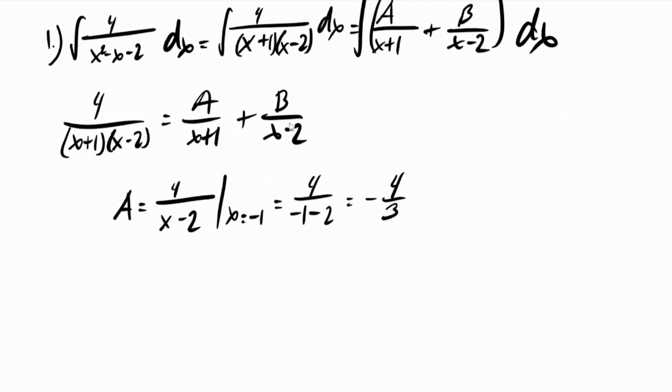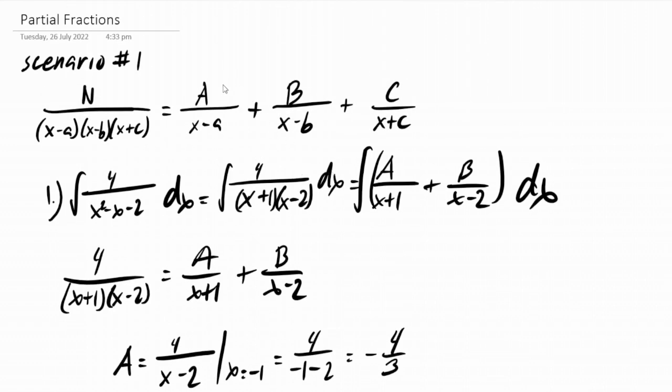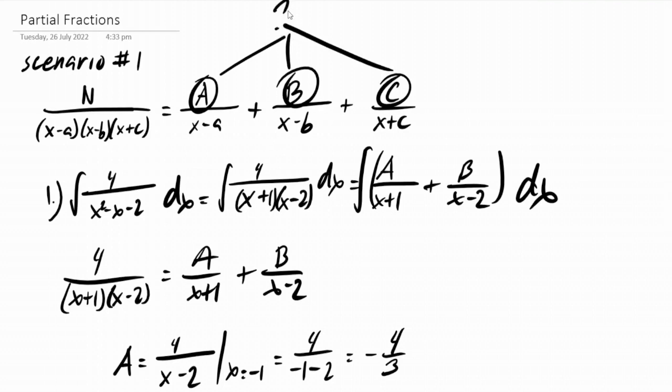This time for our b. Because in partial fractions, what we need to do is look for our a, our b, our c. In this case, we will look for their values. And as you can see, our a is -4 thirds.